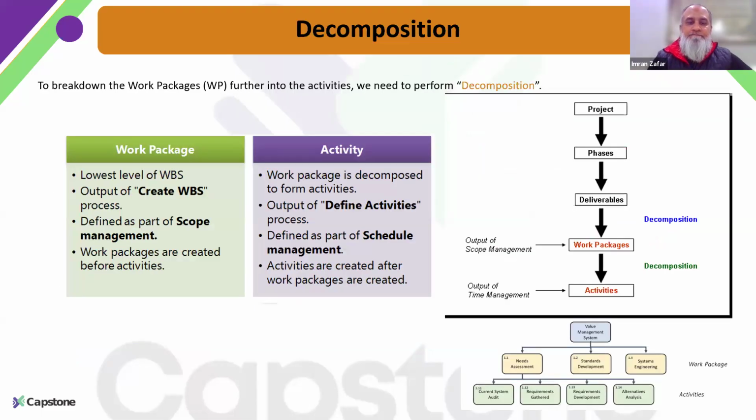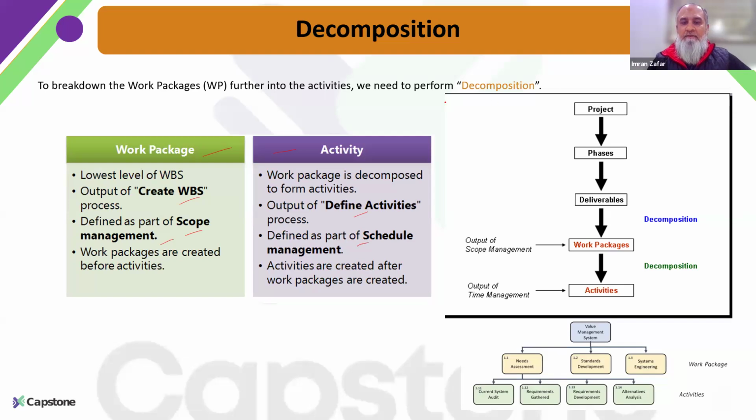Okay, so again, this is what I was talking about: work package level detail is part of scope management, and we have the activity list as part of the schedule management area.